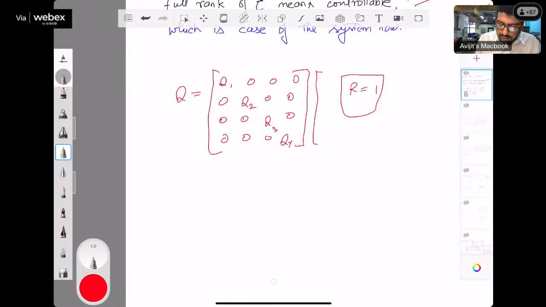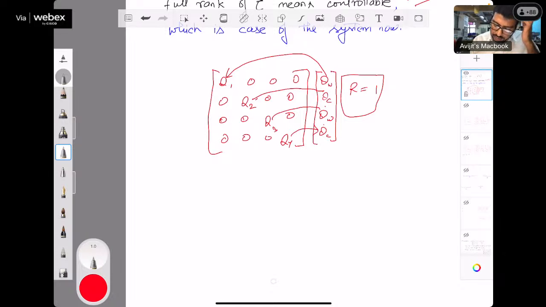Now let's look at the Q matrix. The states are theta W, theta C, theta W dot, theta C dot. That means Q1 corresponds to theta W, Q2 corresponds to theta C, Q3 corresponds to theta W dot, and Q4 corresponds to theta C dot.